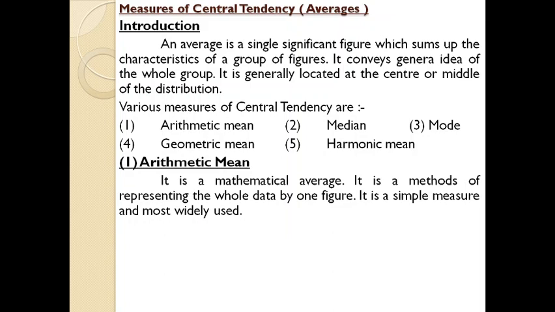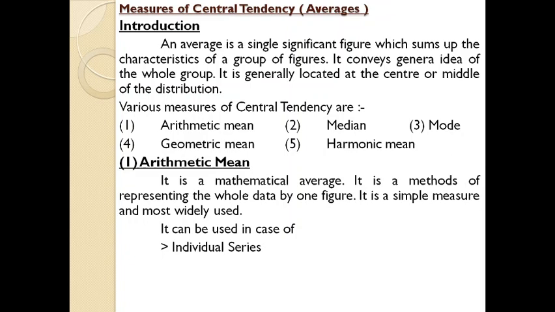That is known as arithmetic mean. It is the most common and widely used measure of central tendency. Arithmetic average of a series is the figure obtained by dividing the total value of the various items by their number. That is the method for finding arithmetic mean, and we all know how to find it.